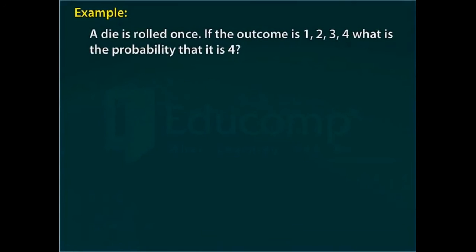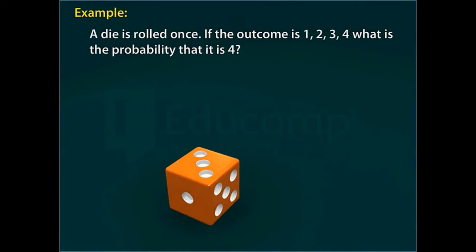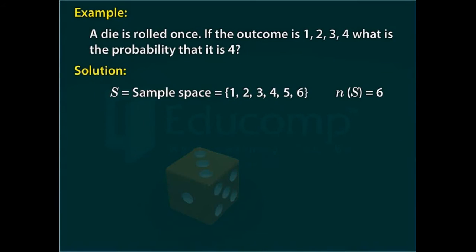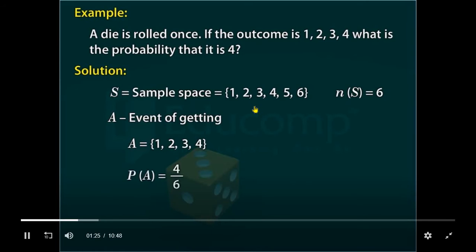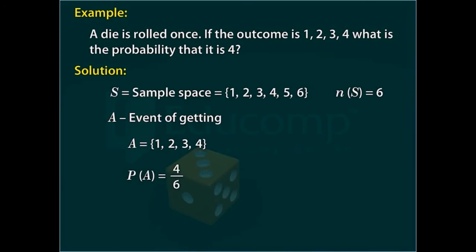Example: a dice is rolled once. If the outcome is 1, 2, 3, 4, what is the probability that it is 4? Solution. A is an event such that A equals 1, 2, 3 and 4. Probability of A is 4 by 6 equals 2 by 3.